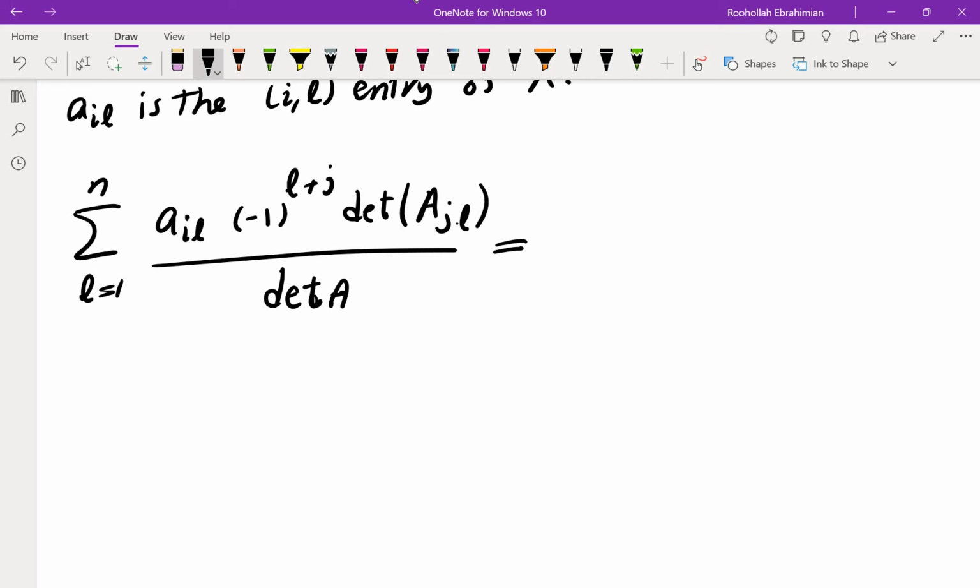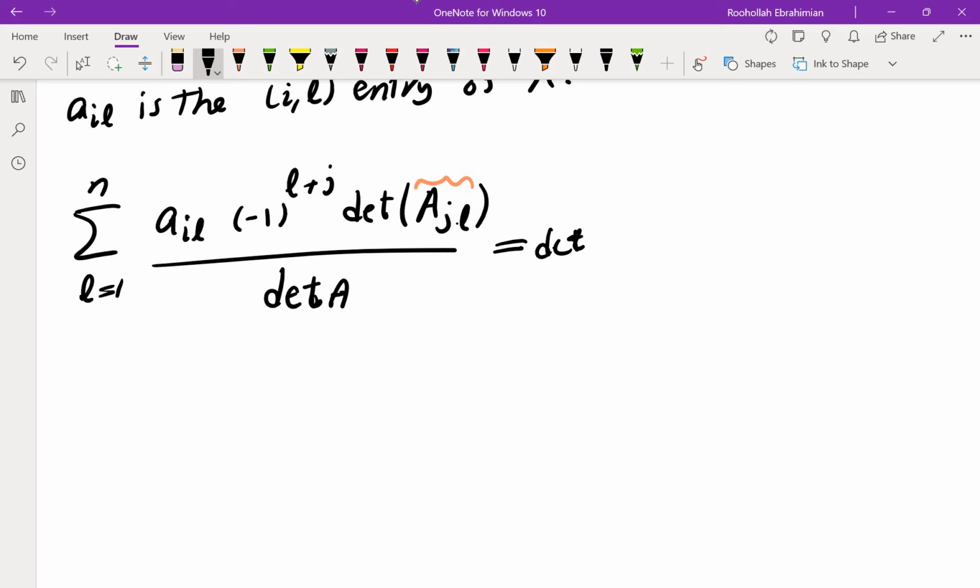If you think about this one, l is changing, so the A_il are just the ith row of A, and here j is fixed but l is changing. This is a matrix obtained by removing the jth row, j is fixed, and the lth column of A. So what does that mean?